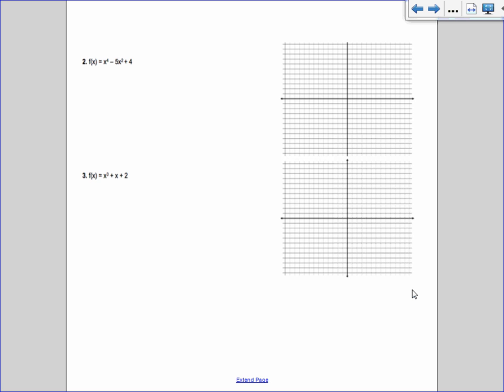All right, let's do the next one. So f of x equals x to the 4th minus 5x squared plus 4. If I'm finding my x-intercepts, I'm going to plug in 0 for y. This isn't one where we can split the middle. There's not 4 terms. How do we do this? We factor it with 2 sets of parentheses, and what do we put at the beginning? X squared, right? We've done these before, but it's been a long time. So x squared and x squared.